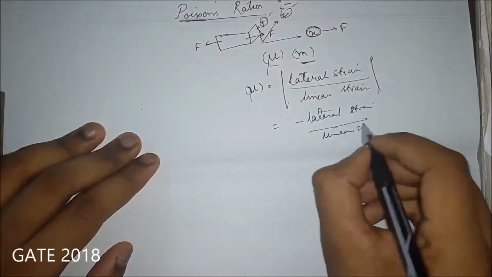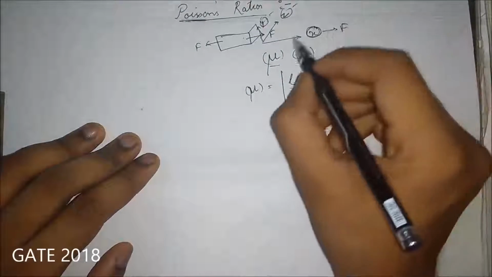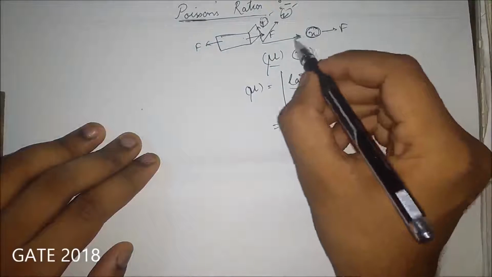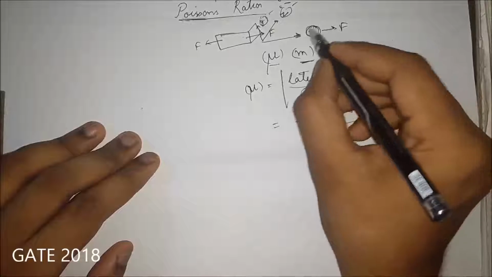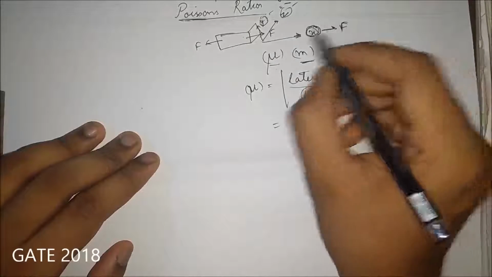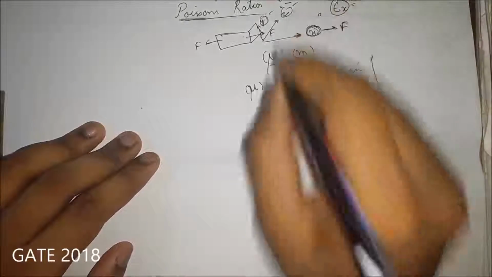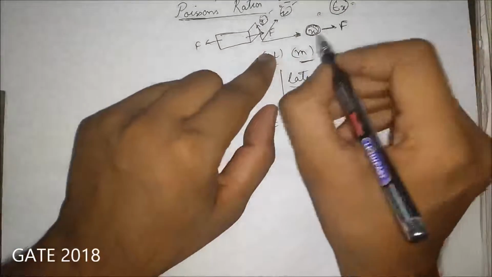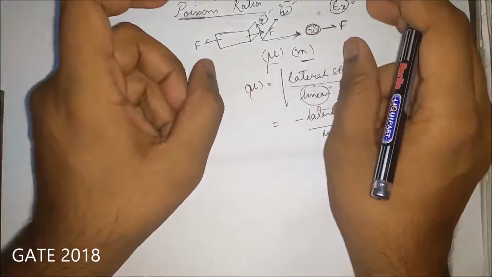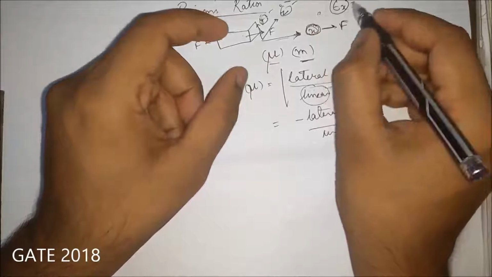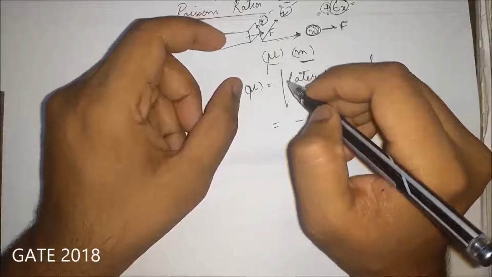Why minus? Let me tell you guys. Linear strain is nothing but the strain in the direction in which the force is applied. In this example, x is the direction where the force is applied, so strain in x direction, epsilon x, is the linear strain. Now if you see, force is applied in x direction, so there will be elongation in x direction, right? Once there is elongation in x direction, epsilon x becomes positive.